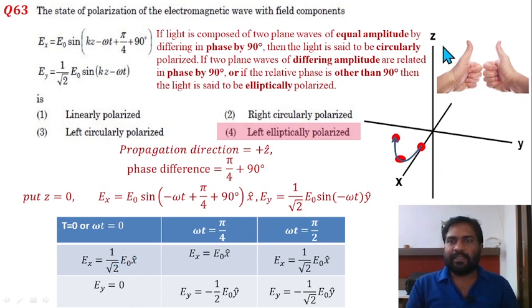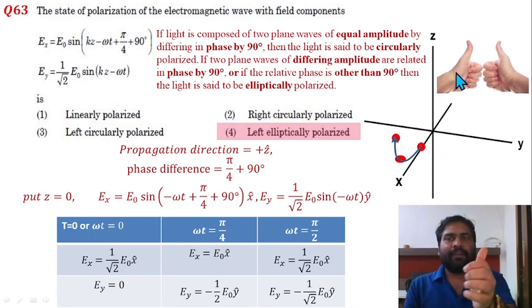This point is the representation on the x, y and z axes. Again put omega t equal to pi by 4. In that condition we get this value. Just put these values and see where your x and y components lie. First point here, then here. With increasing time, it is going in this direction. If it is going in this direction, then it is following the left hand.